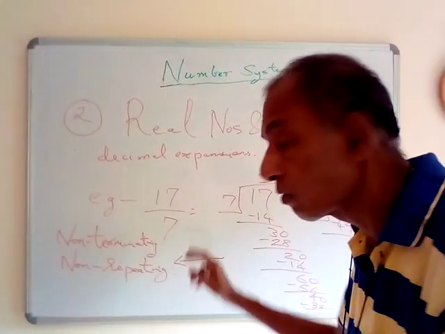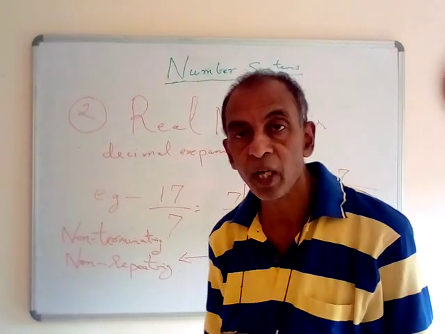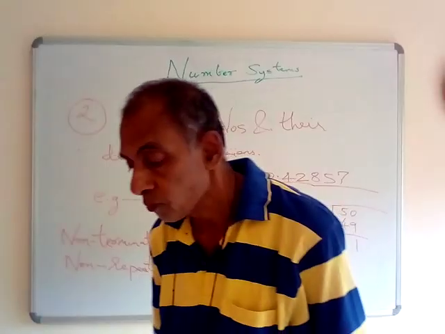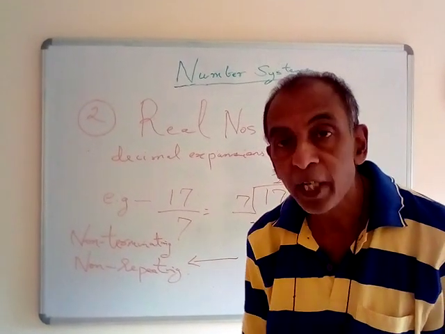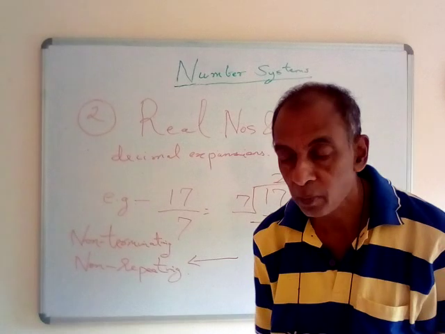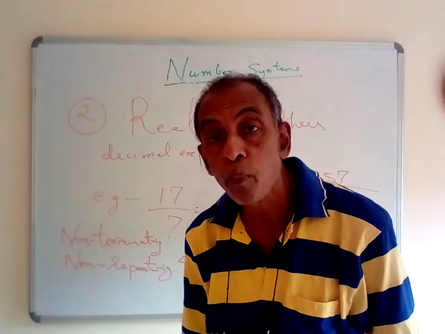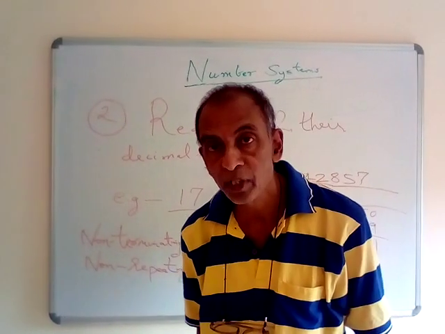So 17 upon 7 is an irrational number because it satisfies the property of an irrational. Whereas we have seen the earlier two, where it was 1 upon 2, that was terminating. So that is a rational number, terminating. Then again we did 10 upon 3. So there we got the answer 3.333.